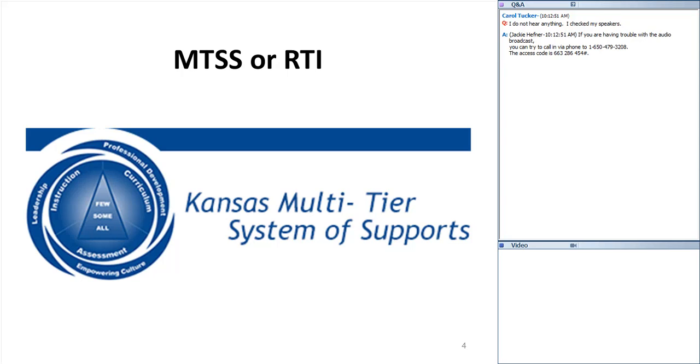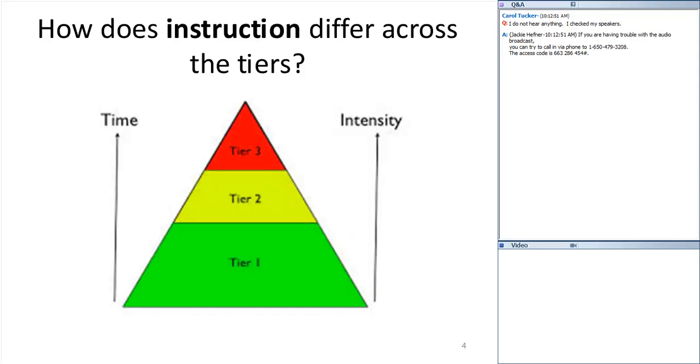So this is the Kansas State motto or their graphic that goes along with this. But let's just look at a simple version. We all talk about Tier 1 being most of the students in general ed in the core, Tier 2 students that are getting strategic input, and Tier 3, that they are getting intense assistance. Now, if we look at this and we ask the question, what is different from Tier 1, Tier 2, Tier 3?